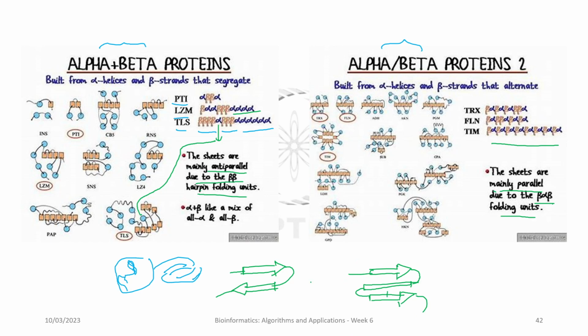Well, it's hard to glean the very first time when you look at protein structures, while you're just starting, okay? But as you look into more structures and understand structural organization better, you will be able to recognize alpha beta or alpha plus beta and alpha by beta, right?